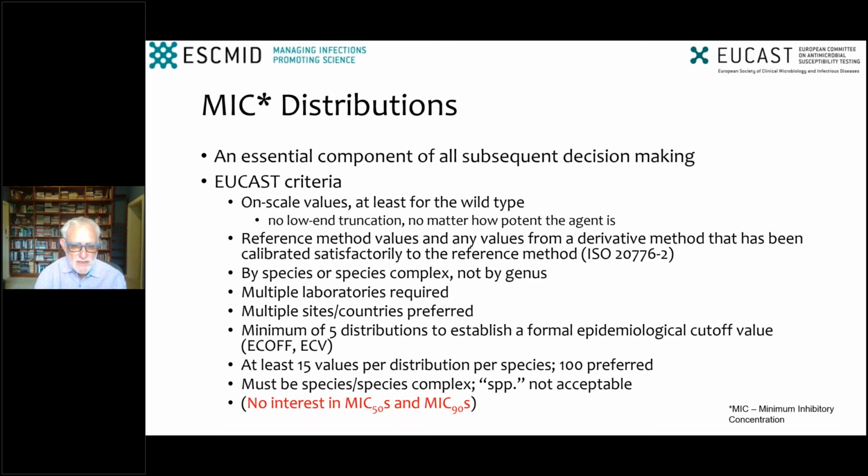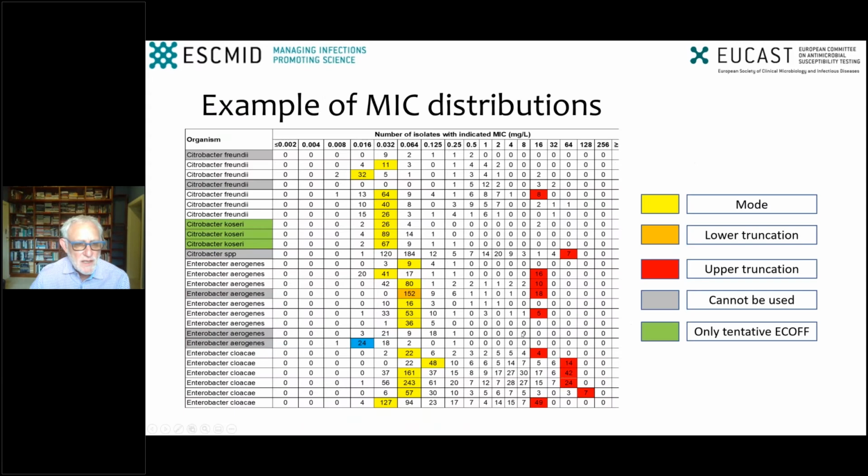In order to establish an epidemiological cutoff value, or ECOFF, which CLSI likes to call ECVs, we at EUCAST wish to have at least 5 distributions. So here are some examples of MIC distributions. These have been color-coded for our internal use at EUCAST.